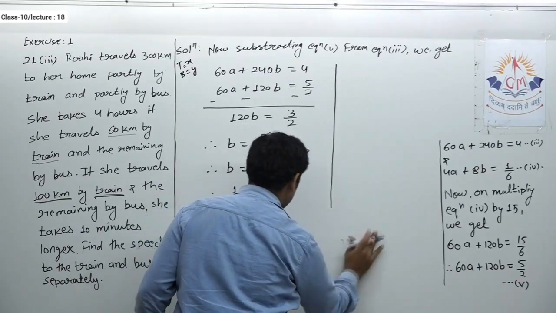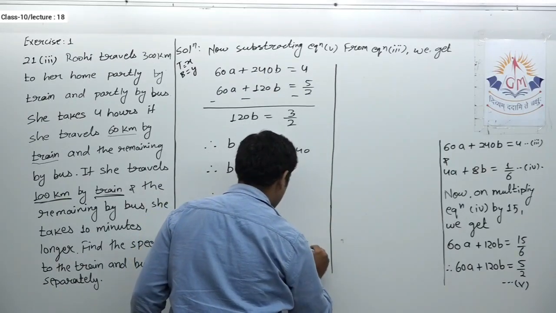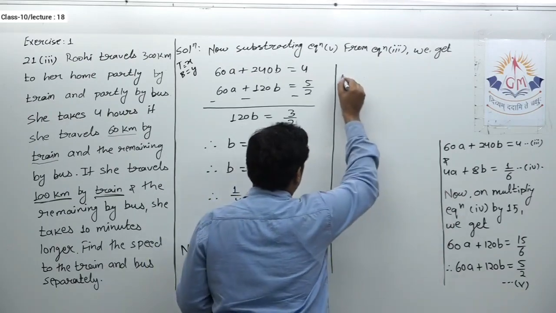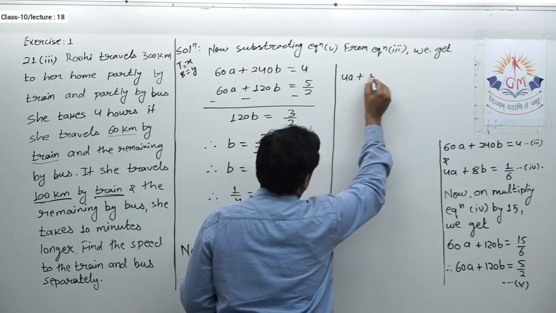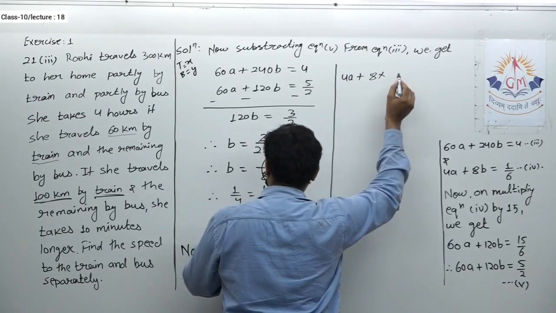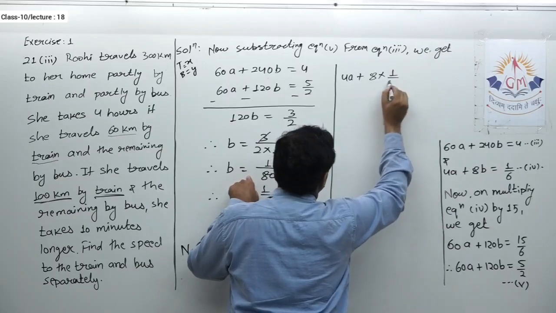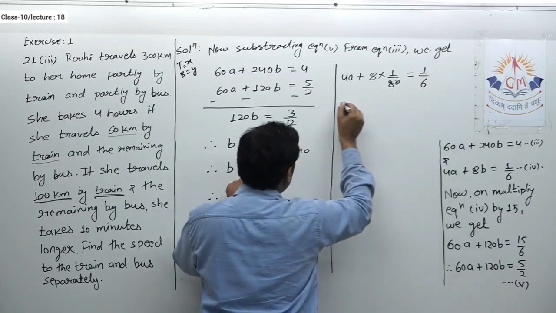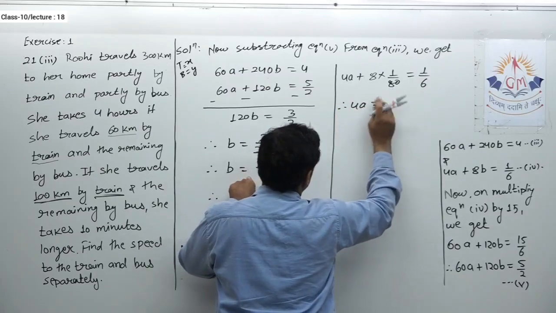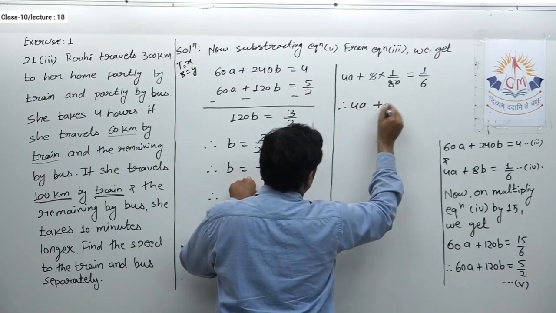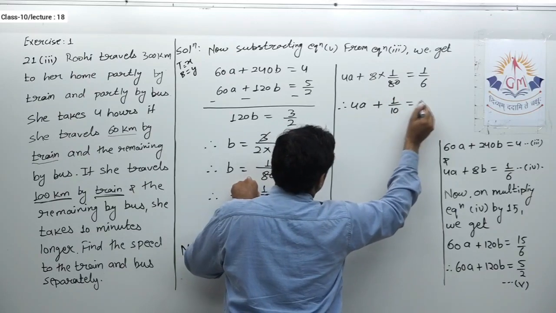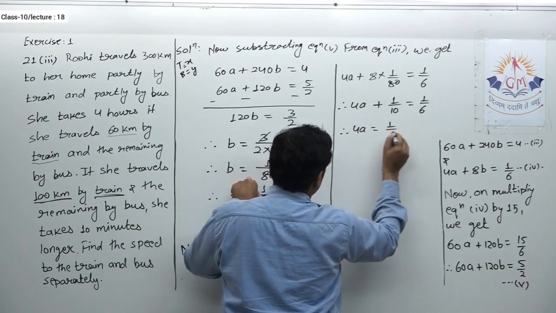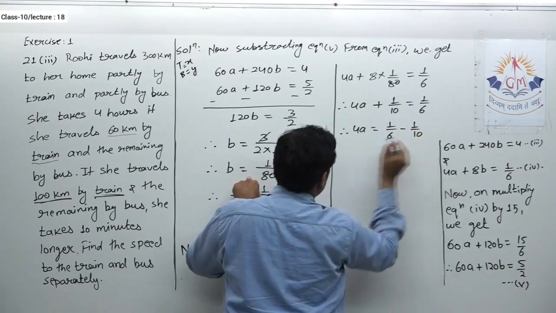So in equation 4, that is 4A plus 8, at the place of B I will put 1 upon 80, is equal to 1 upon 6. Therefore 4A plus 1 upon 10 is equal to 1 upon 6. Therefore 4A is equal to 1 upon 6 minus 1 upon 10.